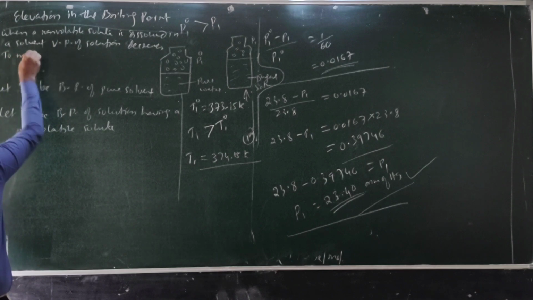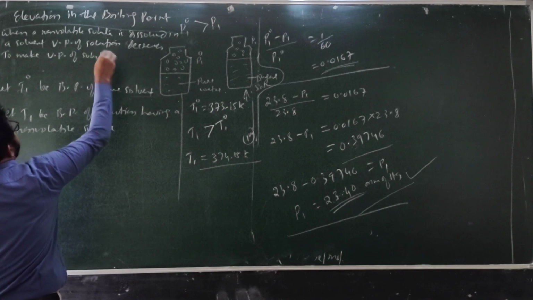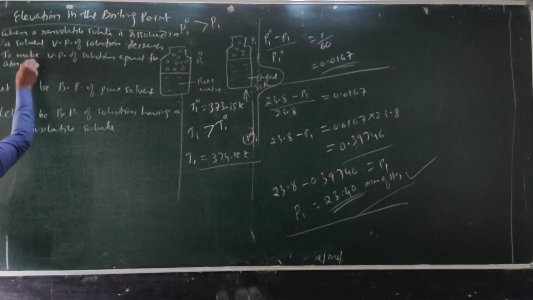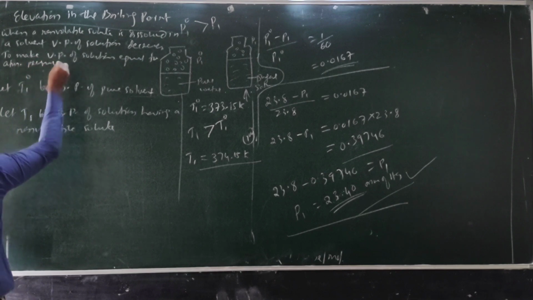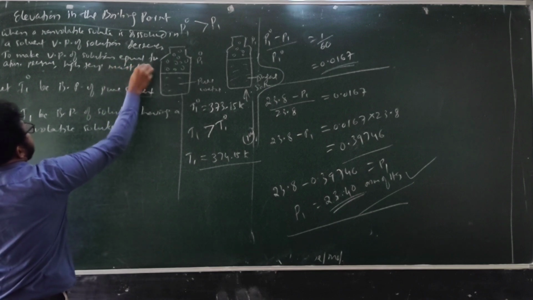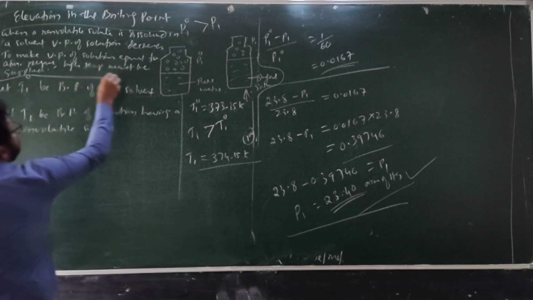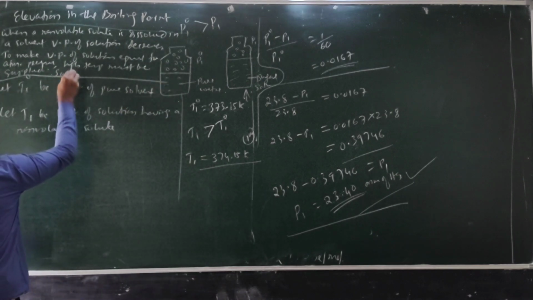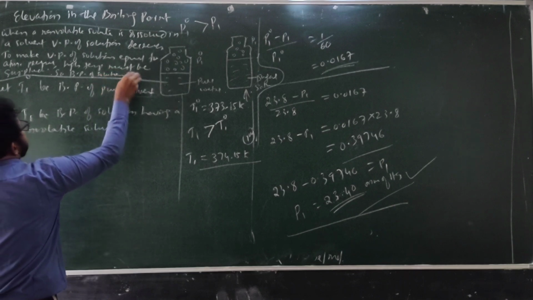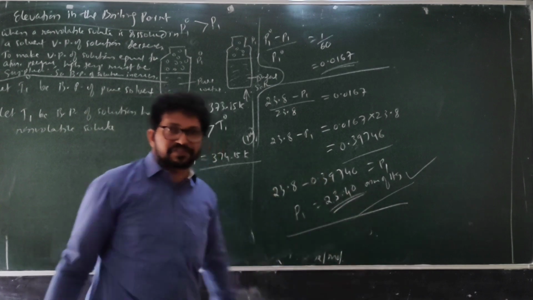To make the vapor pressure of the solution equal to atmospheric pressure, a higher temperature must be supplied. So the boiling point of the solution increases. So your explanation is in terms of vapor pressure.